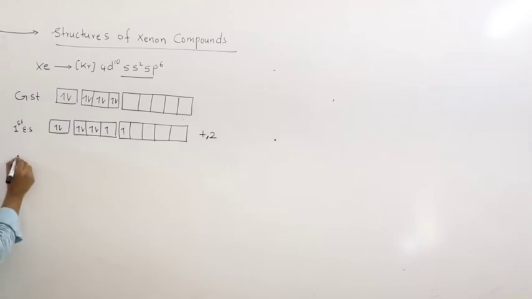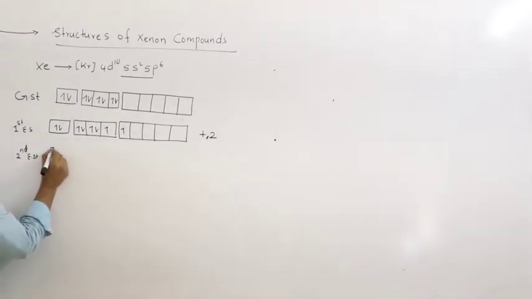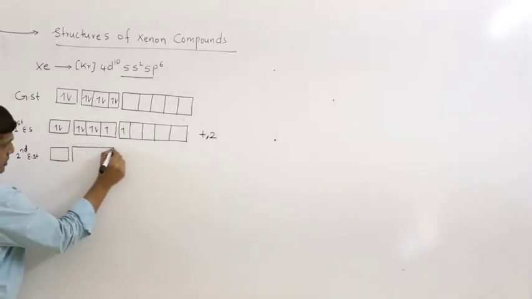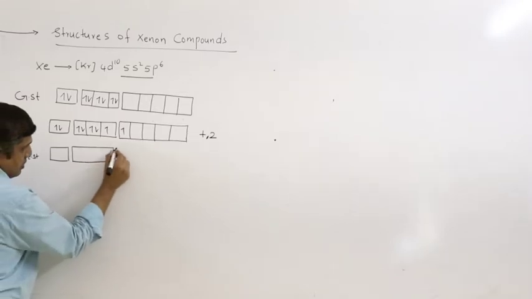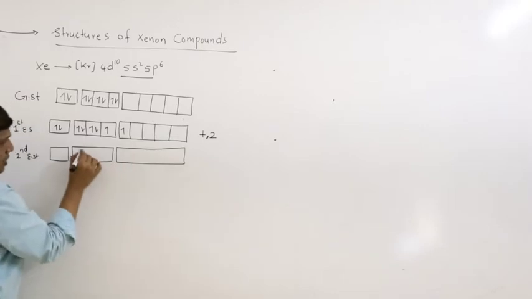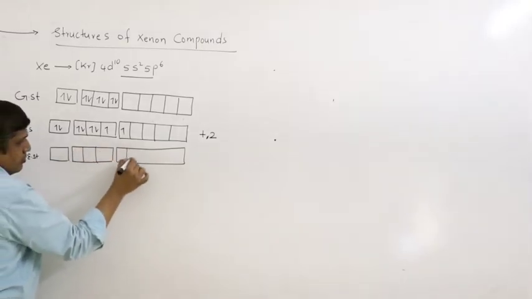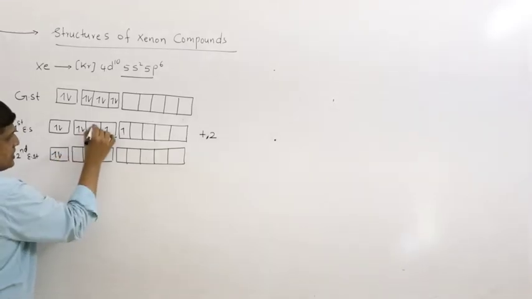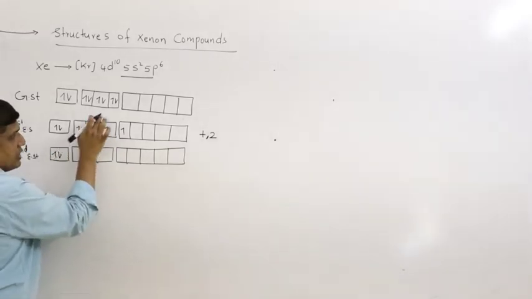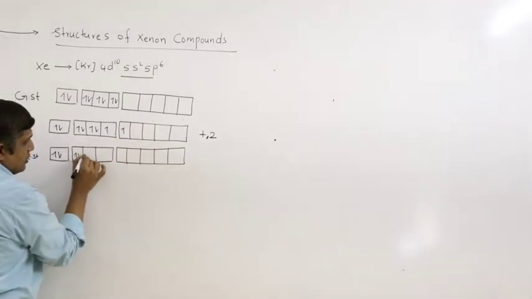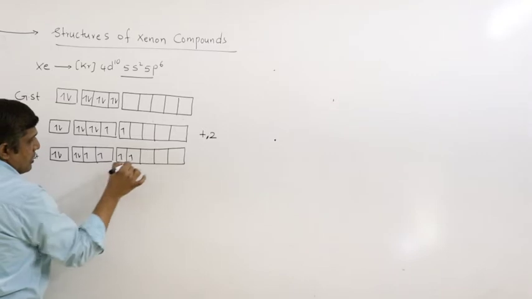Let us go for the second excited state. One of these paired electrons is excited to a higher d orbital, resulting in 4 unpaired electrons.